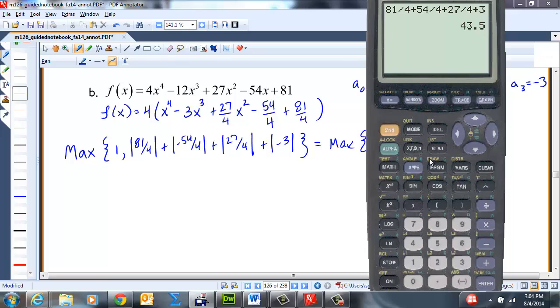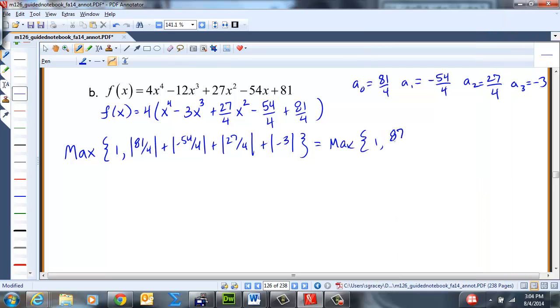So if you go to math and then enter, it'll turn it to your answer to a fraction. So we get 87/2. And the max of those two is indeed 87/2. So now let's take a look at the 1 plus the maximum of the list of the absolute values.